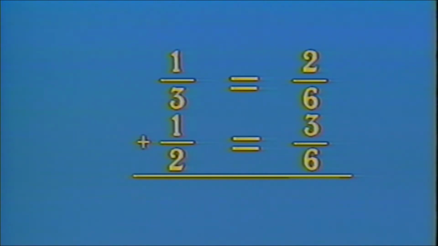Now, change 1/3 to the equivalent fraction 2/6. And change 1/2 to 3/6. Add the like fractions. The denominator is 6. The numerator is 2 plus 3, or 5. The answer is 5/6.